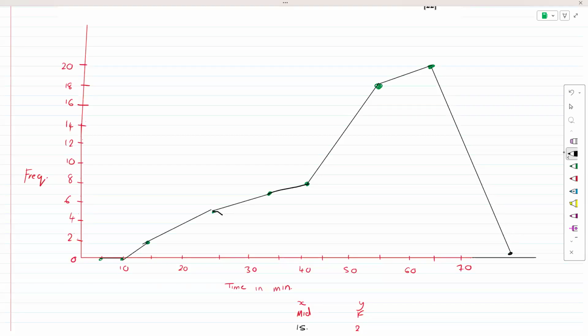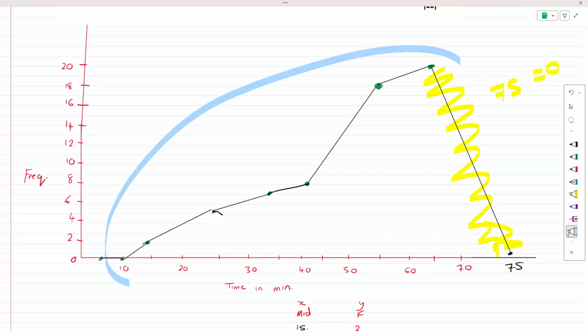If there was a 75 equals to 0 or something, you would have come down there, but there is no 75. So this is what our graph looks like. It's just a line graph. Use the midpoints and draw it.